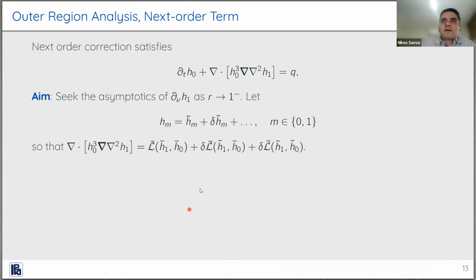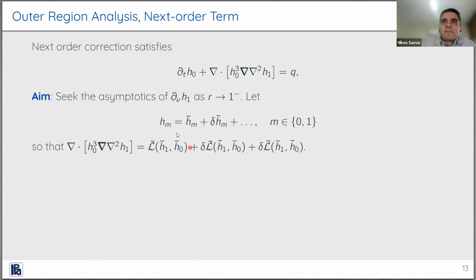Just outlining here what happens in maybe 30 pages of algebra: we have an equation of this form to solve. We are not interested in the solution of this equation, but in how the slope of the solution behaves as we approach the contact line. So what we do is replace this term over here with its corresponding terms, where these L bars and L tildes correspond to differential operators.